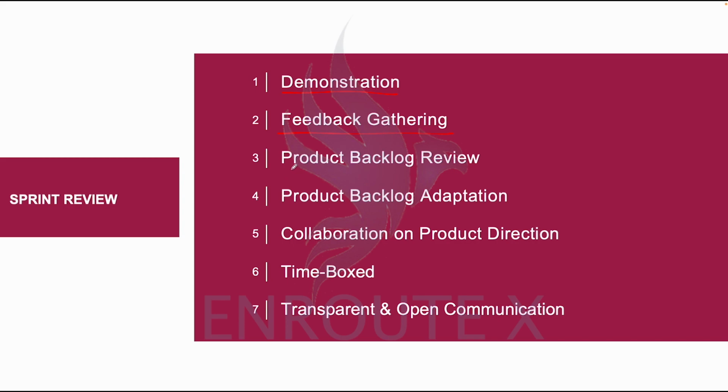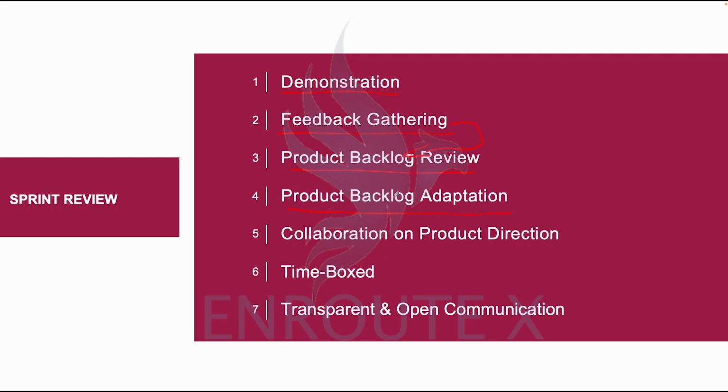I've also mentioned the product backlog review, where all the feedback goes into the product backlog. And all through Agile and Scrum, your product backlog is expected to be flexible, to be adaptable, so that it can accommodate new stories or new requirements or new specifications.